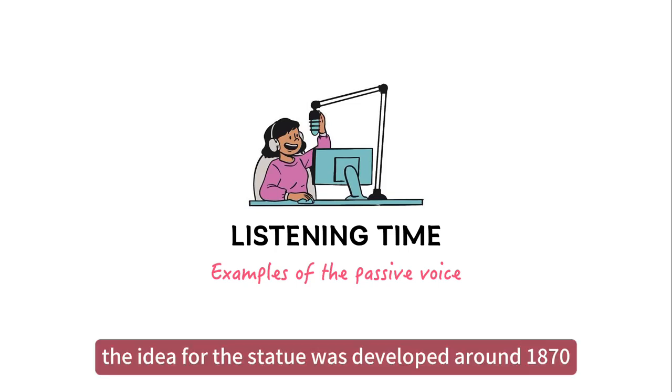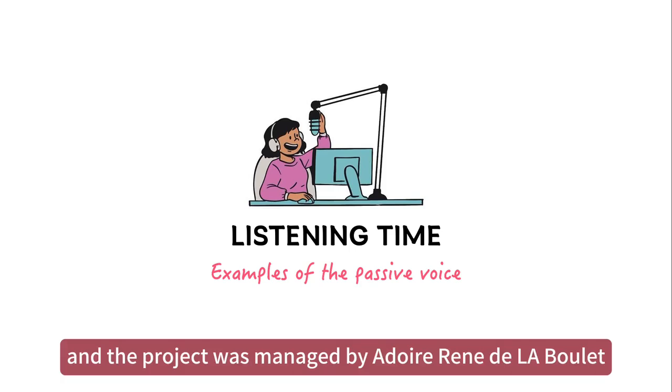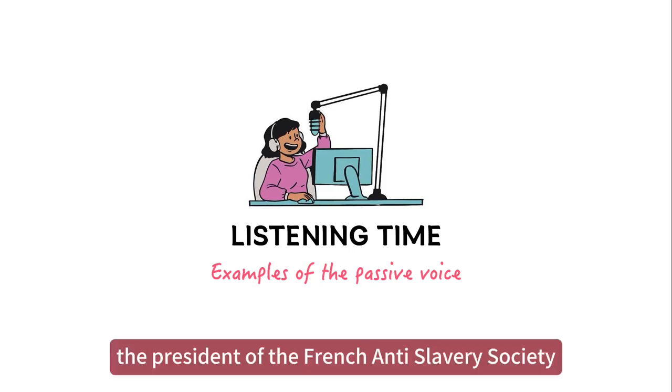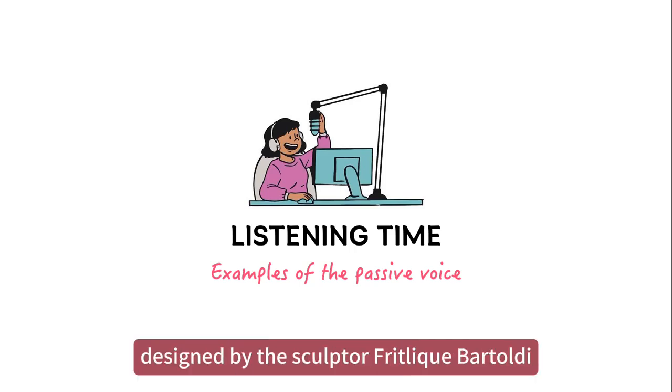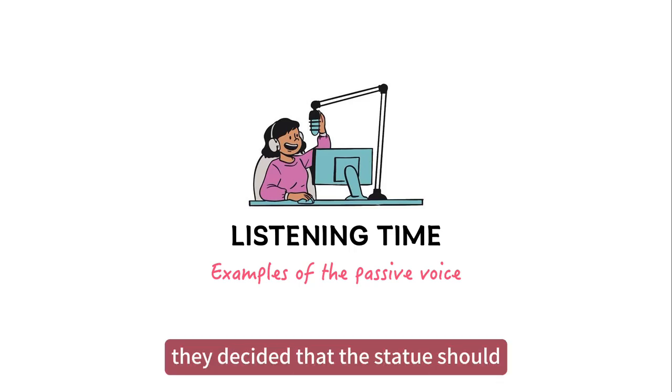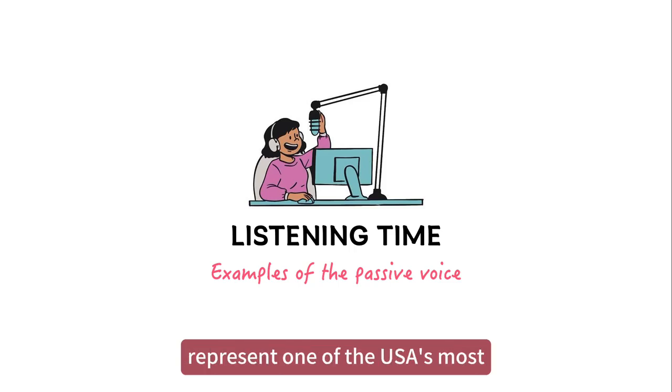The idea for the statue was developed around 1870, and the project was managed by Édouard René de la Boulaye, the president of the French Anti-Slavery Society. The statue was designed by the sculptor Frédéric Bartholdi. They decided that the statue should represent one of the USA's most important values, freedom.